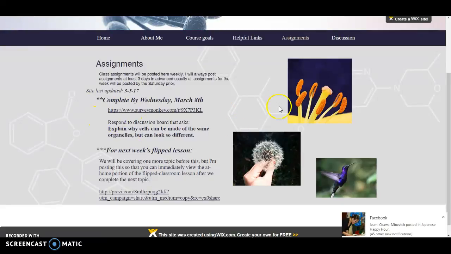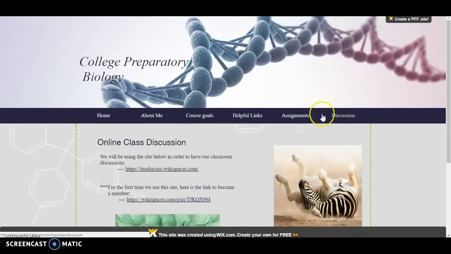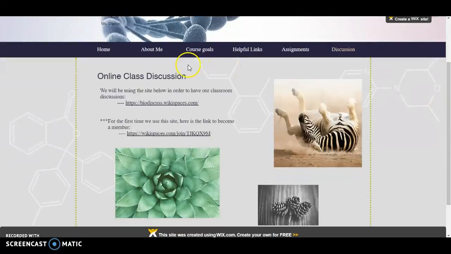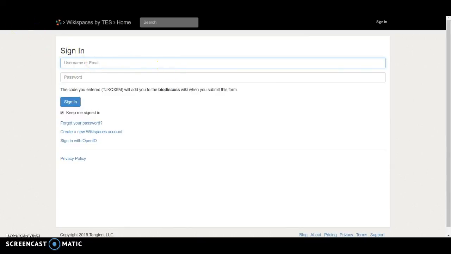And I also included one of the discussion boards I made, and I could go over here to show the link to my discussion board on the Wikispaces that I made for this also. When we first go onto Wikispaces, they'd have to create an account. We could do that in class also.